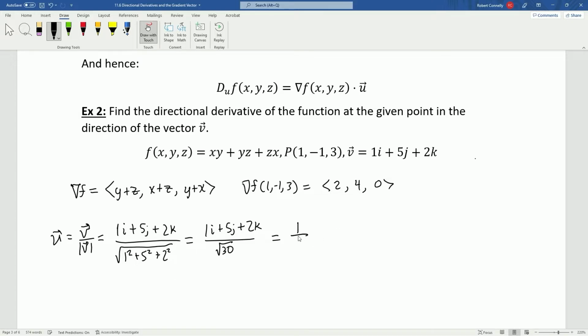So this is 1 in bracket notation. So 1 over root 30, 5 over root 30, and 2 over root 30.